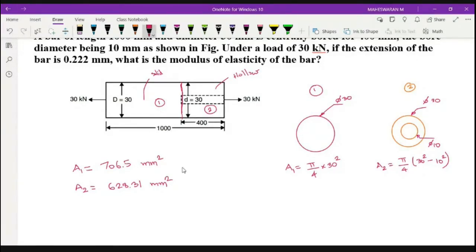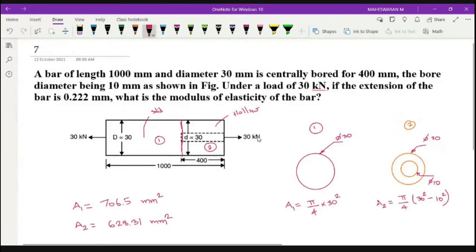Now, according to the question, you are applying a load of 30 kilonewton, and you are getting a deflection which is 0.222. This deflection is the maximum deflection, that is del L, which is nothing but del L1 plus del L2. It is an addition of del L1 and del L2.